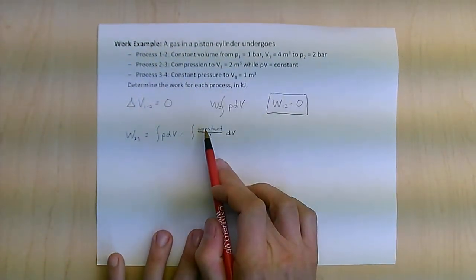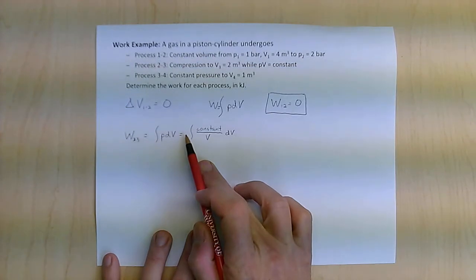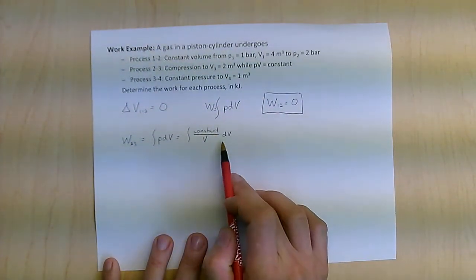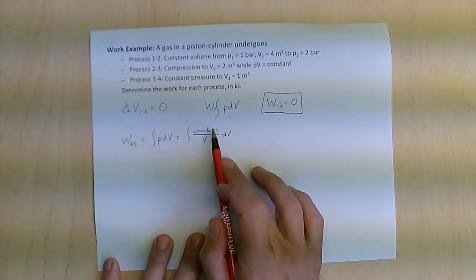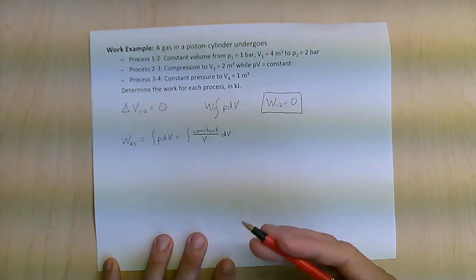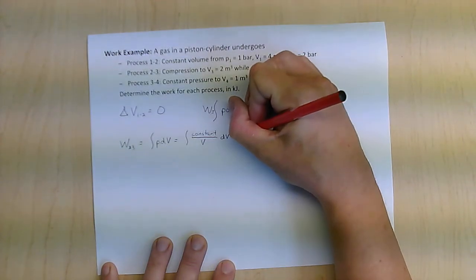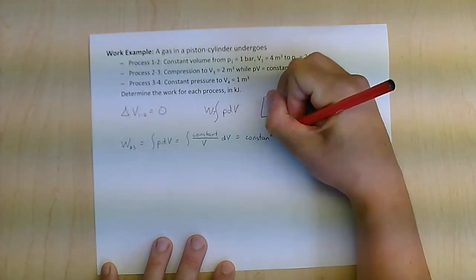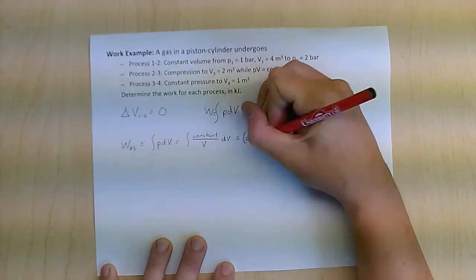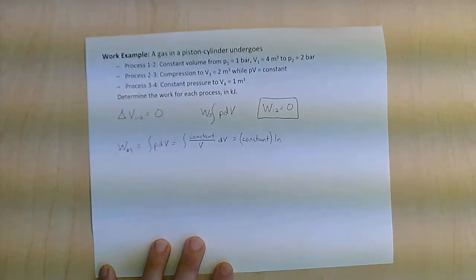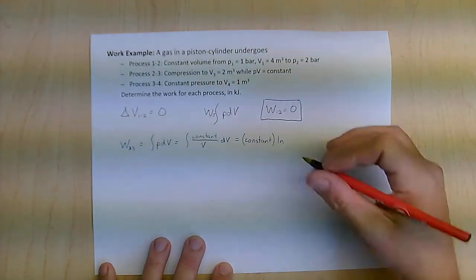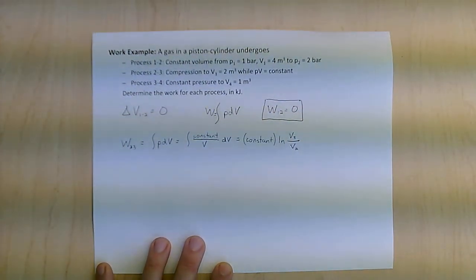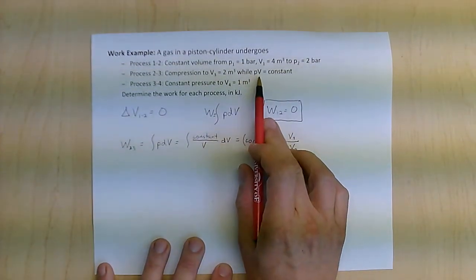Clearly, my constant can come out, and all I'm left with is 1 over V times dV. The integral of 1 over V is actually the natural log. So what this equals is that constant times the natural log of V3 over V2, where that constant is essentially P times V.